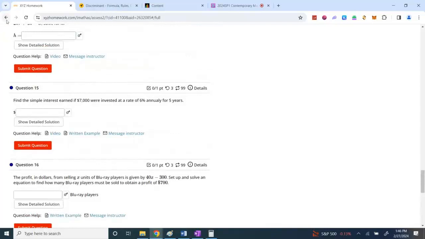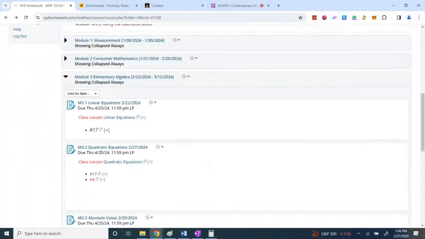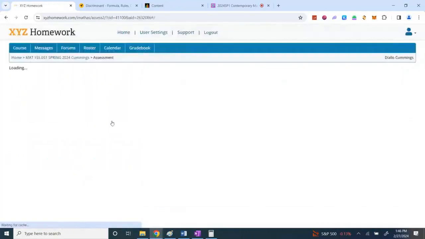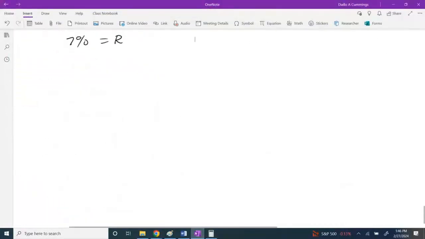All right, now in section 3.2, we deal with quadratic equations. And what makes a quadratic equation a quadratic equation?